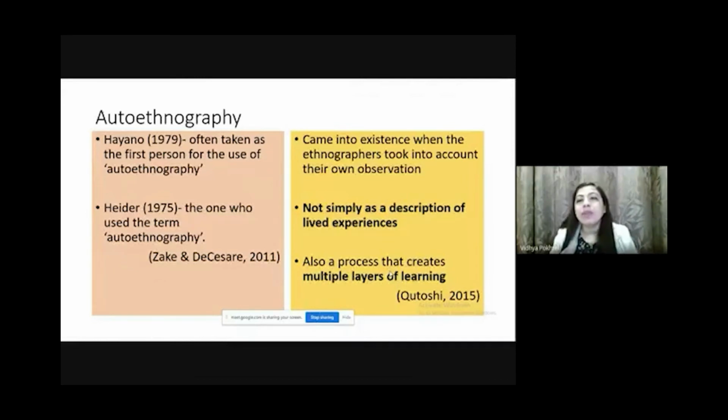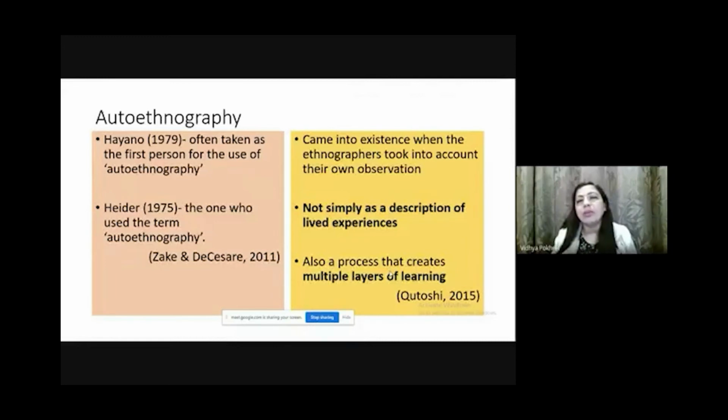And this autoethnography actually came into existence when the ethnographers started taking account of their own observation, when they thought that observing oneself is more important than observing others.